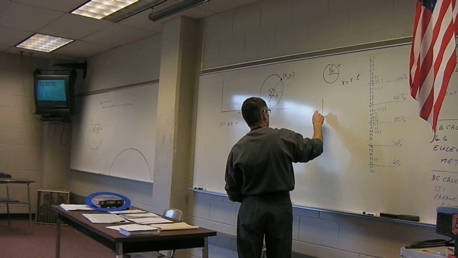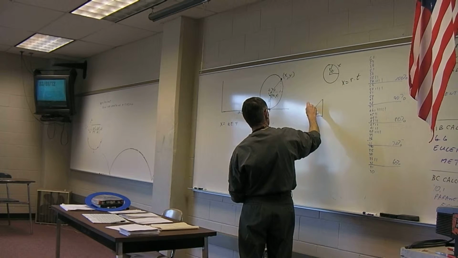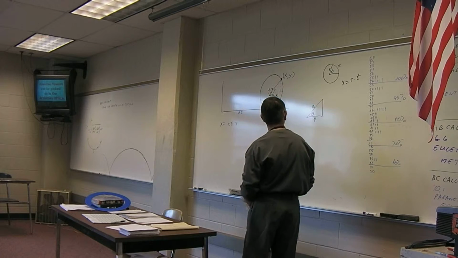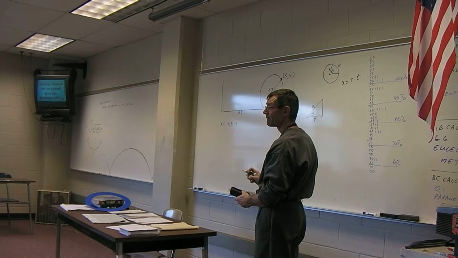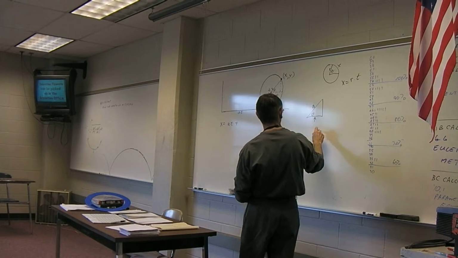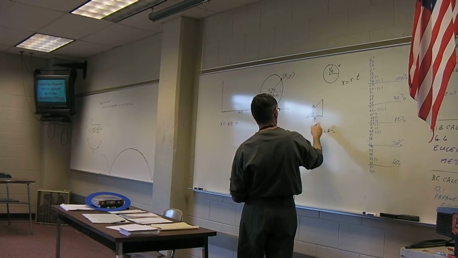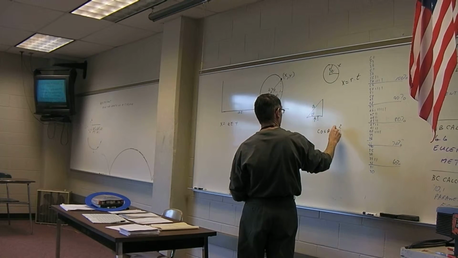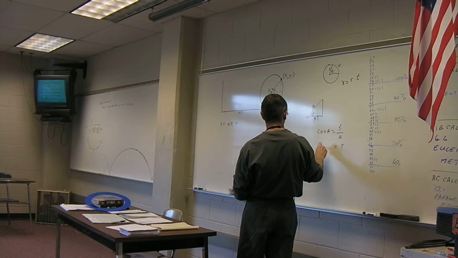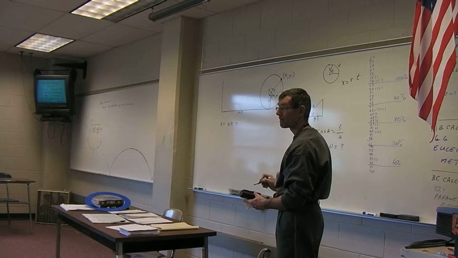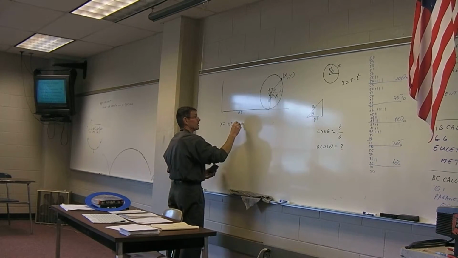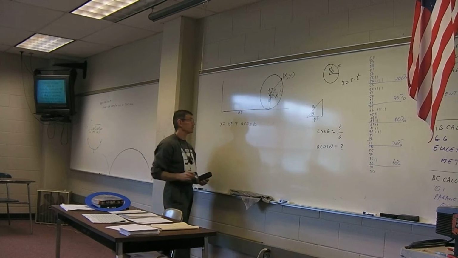It's a little tiny triangle. This is theta, this is a, and I want to know this distance. So what do we use? Cosine of theta equals question mark over a. So the question mark is a cosine theta. So this distance right here is a cosine theta. So that's the coordinate for x.